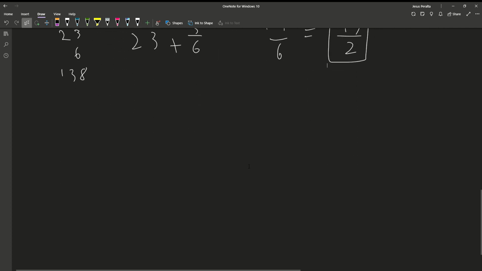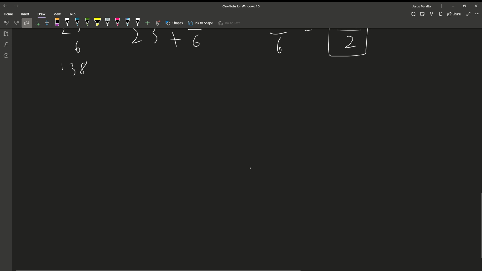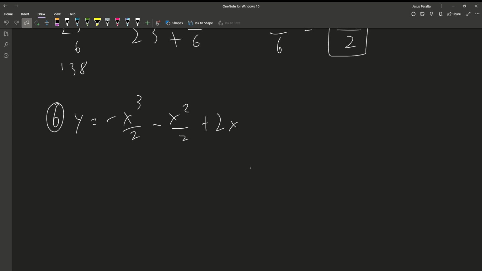And we're going to try another one that has a lot more fractions just in the beginning, which is going to be number 6. Number 6, we are introduced with negative x cubed over 2 minus x squared over 2 plus 2x, and our second equation is just going to be negative x squared over 2.